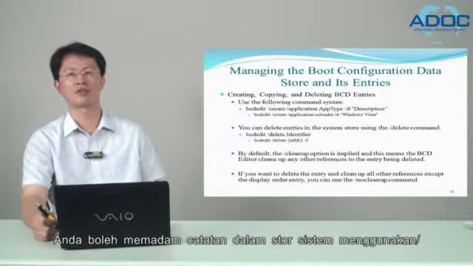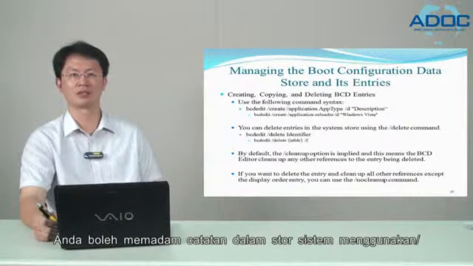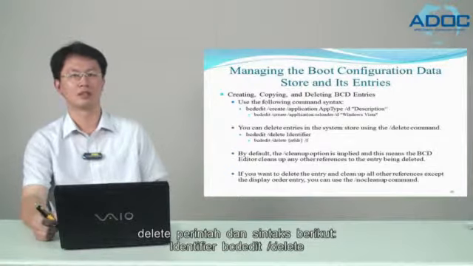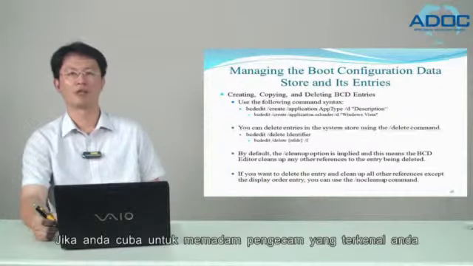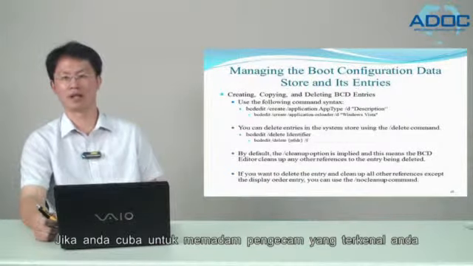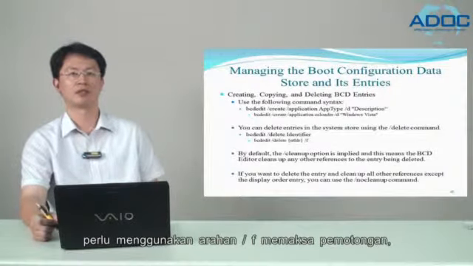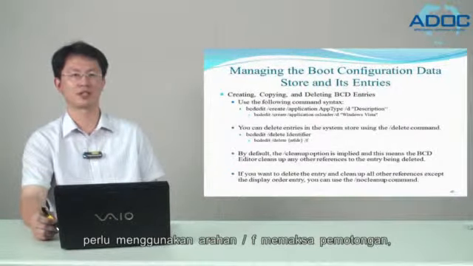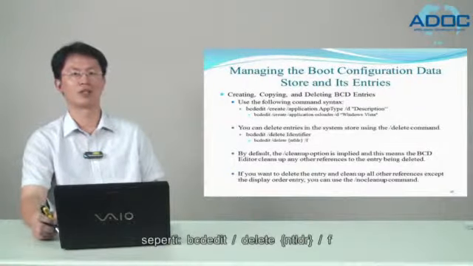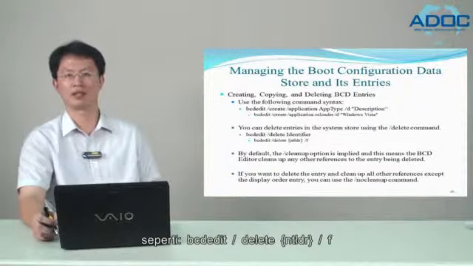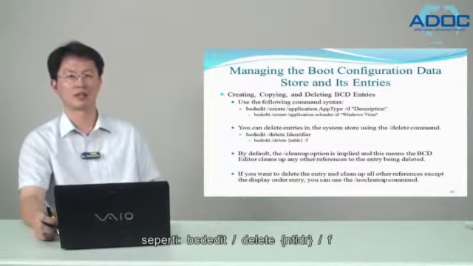And you can delete entries in the system store using the /delete command and the following syntax: bcdedit /delete identifier. If you are trying to delete the well-known identifiers, you must use the /f command to force deletion, such as bcdedit /delete ntldr /f.